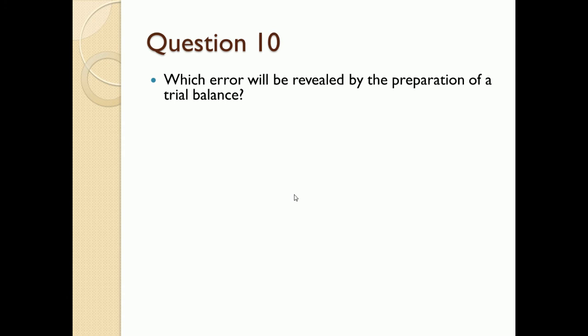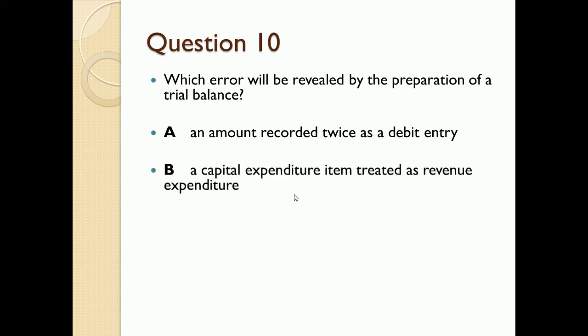There can be an error where we credit rent and debit cash, but this type of error will not be shown in the trial balance. But if we made rent $100 debit and cash $80 credit, here debit is not equal to credit. Just to see whether the debit entry is equal to credit, it will be revealed by the trial balance only, okay? So see what it is: an amount recorded twice as a double entry.